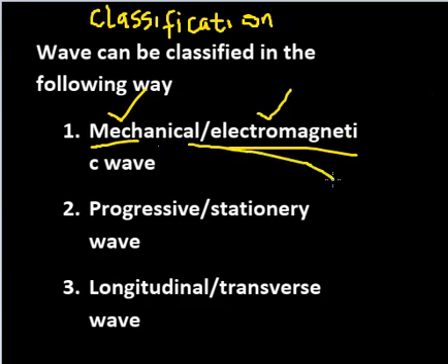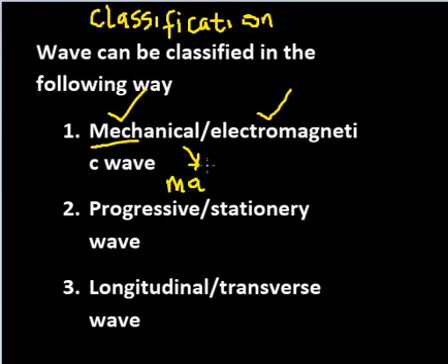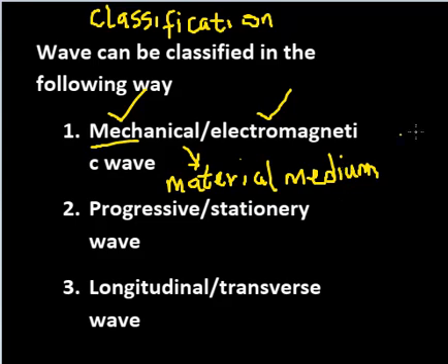So what's a mechanical wave? That's exactly what we should ask ourselves. A mechanical wave is a wave that requires a material medium. Any wave that needs a material medium for its propagation, for its movement, is called a mechanical wave.